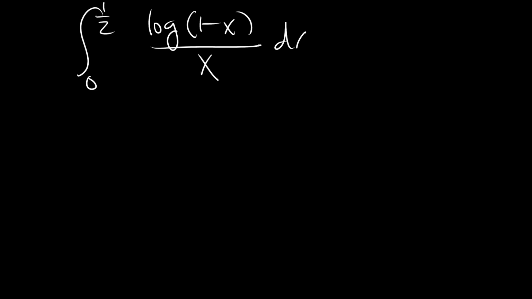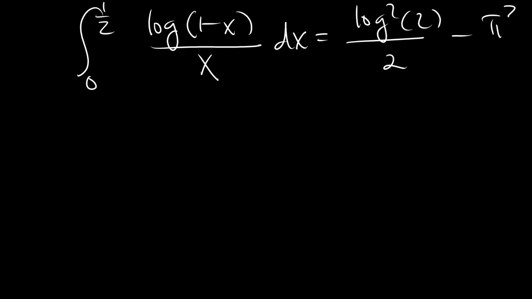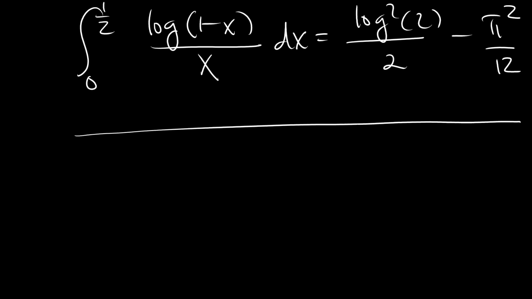We have the integral from 0 to a half of natural logarithm of (1 minus x) over x equals the square of natural logarithm of 2 over 2 minus pi squared over 12. And that, ladies and gentlemen, is our answer.